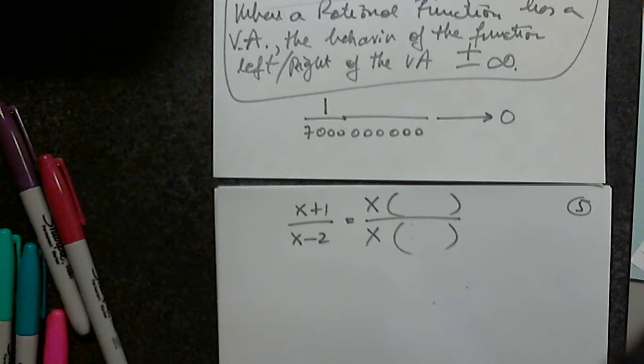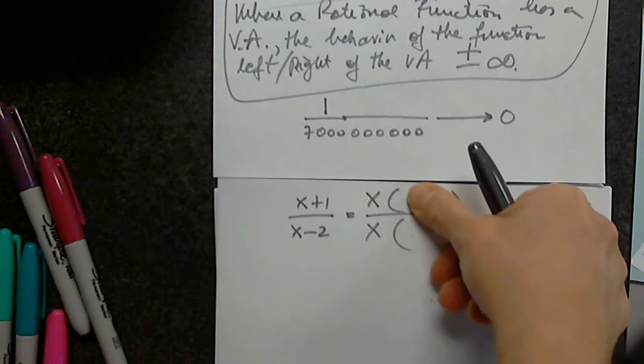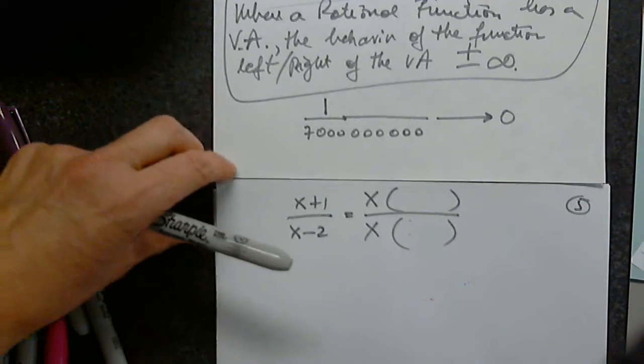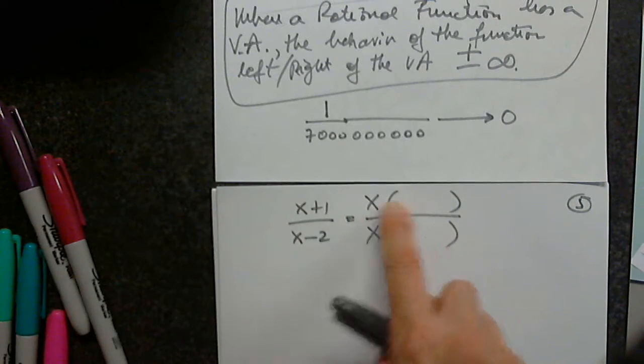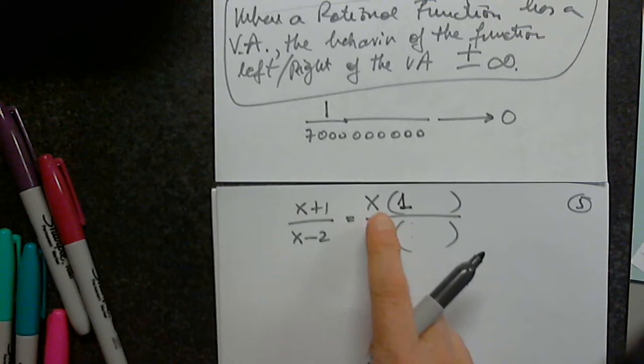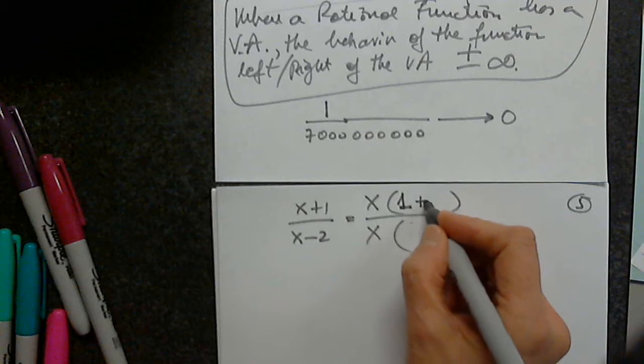If I start with 2 terms and I factor something out, I have to have 2 terms. If I start with 10 terms, I factor out something, I have to end up with 10 terms. X times what is x?